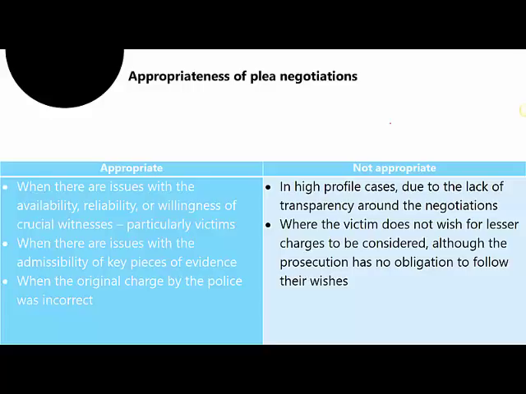Appropriateness of plea negotiations. Plea negotiations are appropriate when there are going to be issues with the reliability, willingness to appear, and availability of crucial witnesses, particularly victims. This is common in examples of sexual assault, particularly more extreme examples such as rape, where victims are really unwilling to attend due to the trauma that facing their attacker is going to cause.